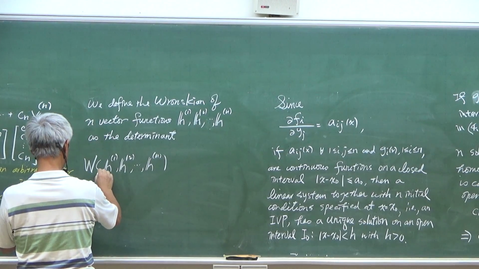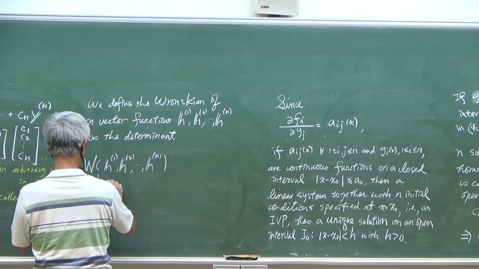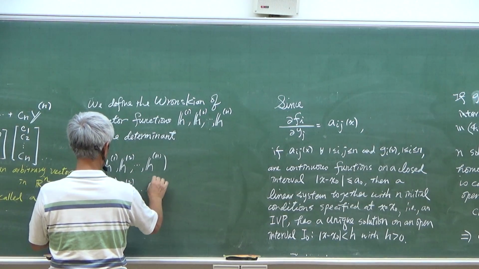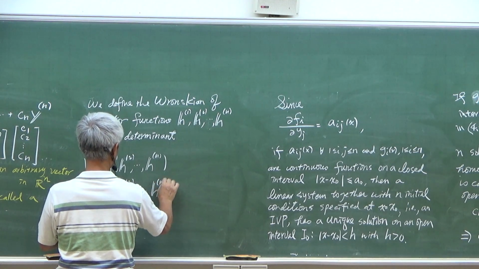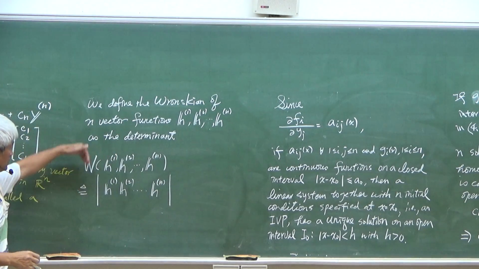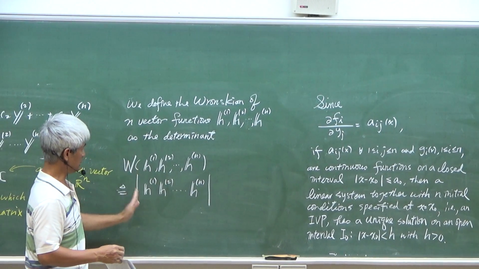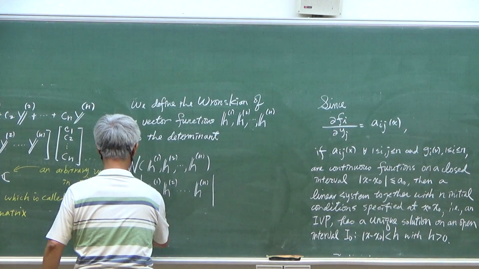They are column vectors, so they form a matrix, and we take the determinant.